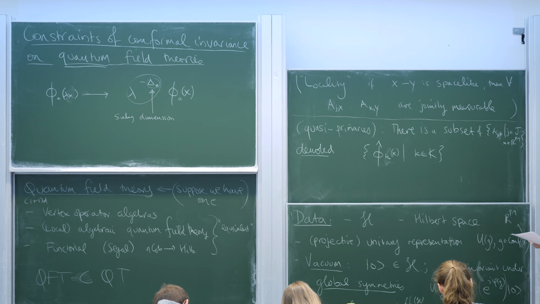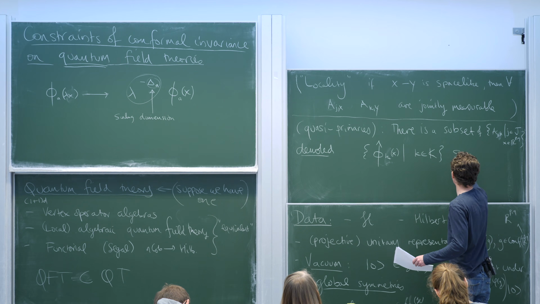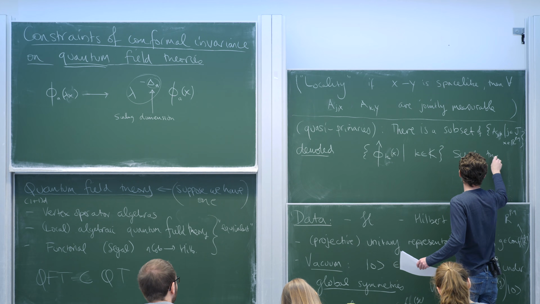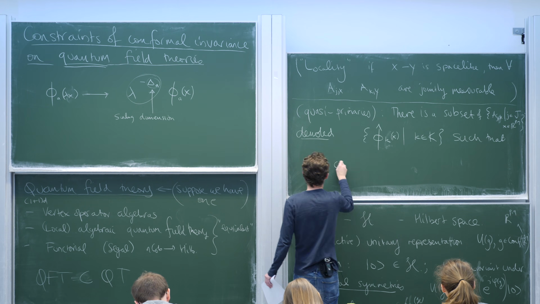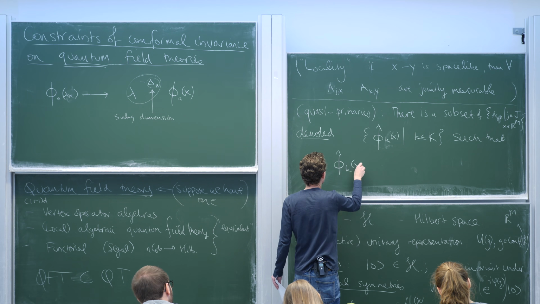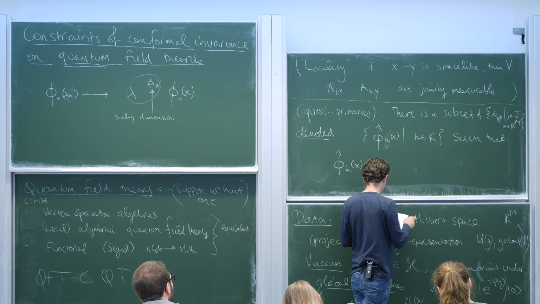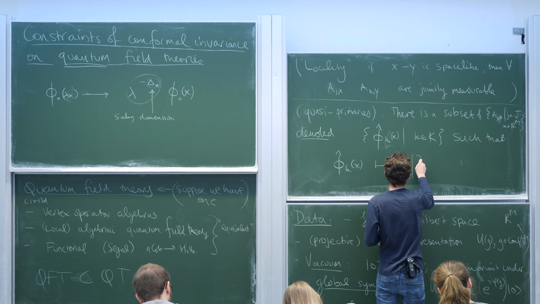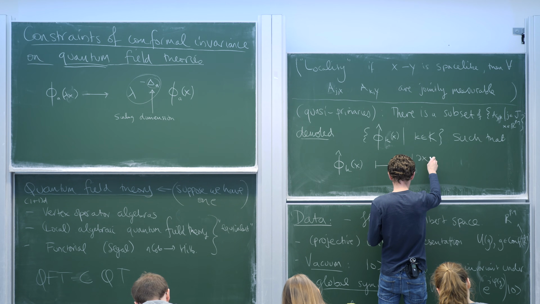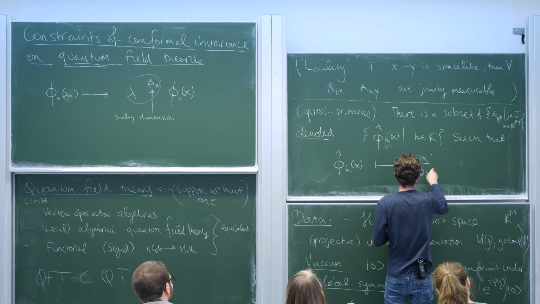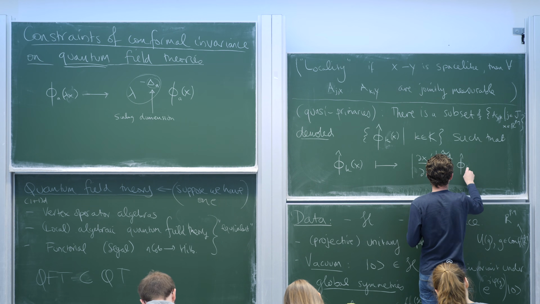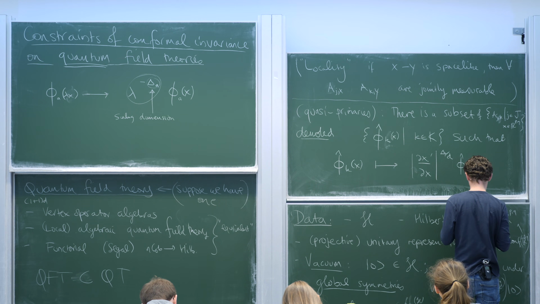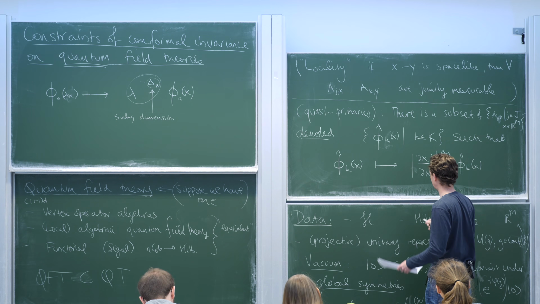So we suppose that there's a special subset such that, why is it special? Well, it's special because if you do a conformal transformation, then these things transform in a very particular way. Under dilations.